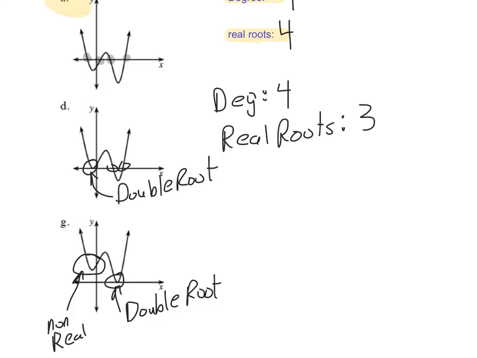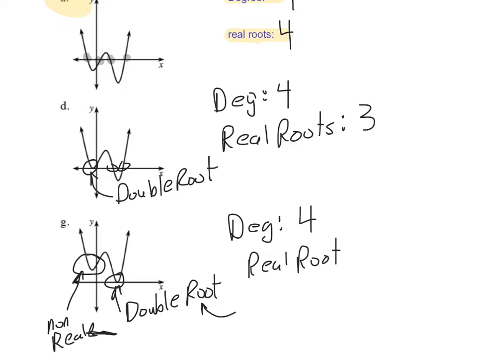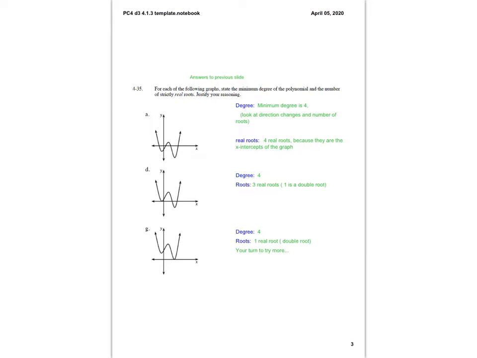And so this is still going to be of degree 4 because these non-real roots have to occur in pairs. So this is going to account for 2 roots, and this is accounting for 2 roots. So the total is going to be of degree 4. Number of real roots, though, there's only 1 place on the x-axis that the graph bounces or crosses, so there's only 1 real root.